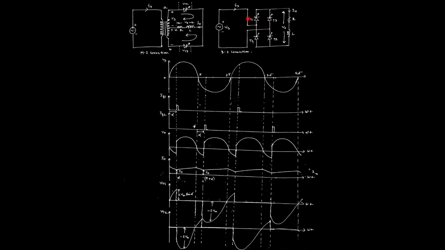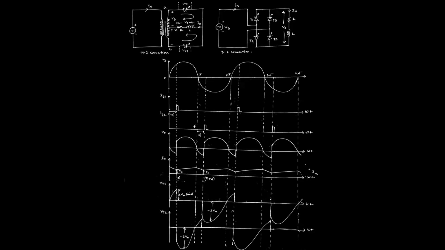Then the current flows in this direction through T1, then the load, then T2, and back to the supply. This happens in the positive half cycle. After crossing pi, when the supply voltage goes negative and the negative cycle starts, T1 and T2 will be in reverse biasing condition, so they will be commutated automatically.